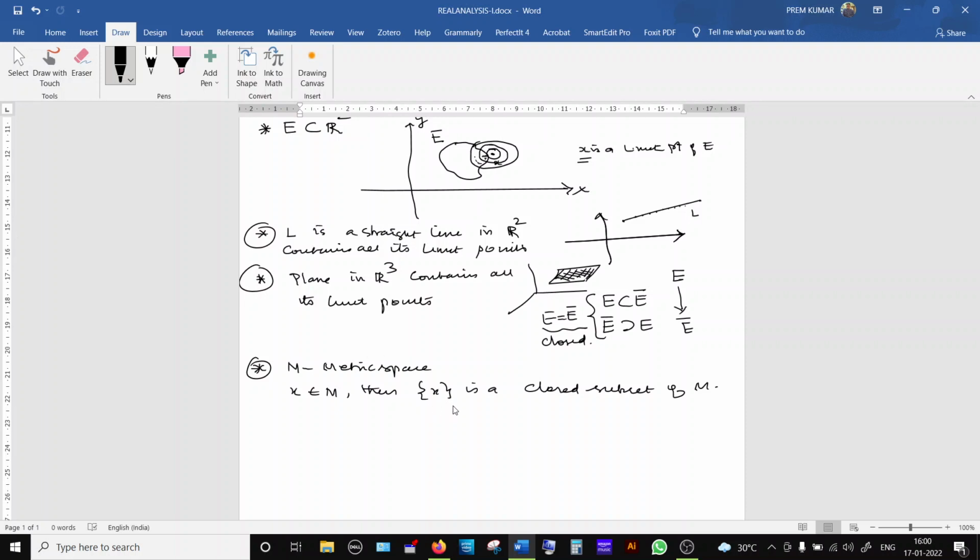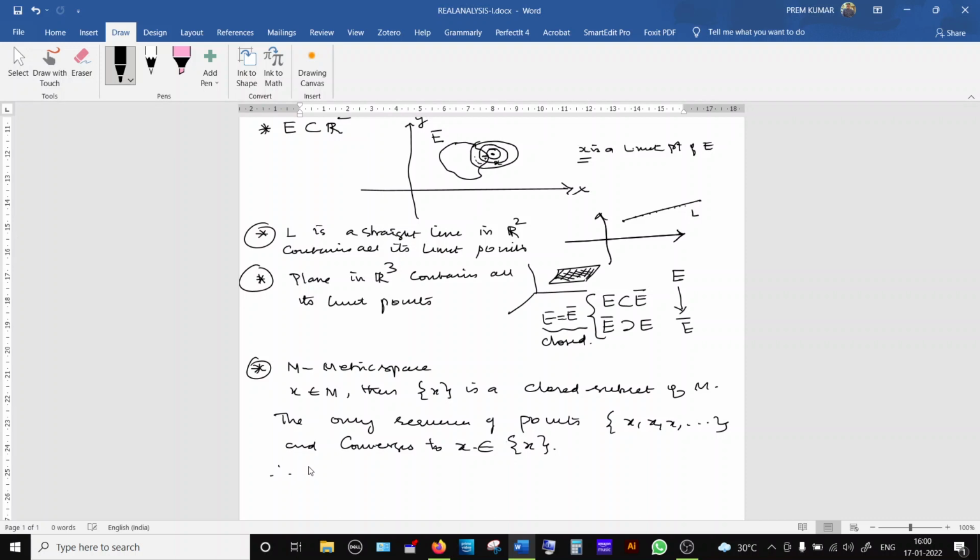Now take this set {x}. The only sequence of points available in this singleton set is x, x, x, and so on, and this sequence converges to x, and this x already belongs to the set {x}.